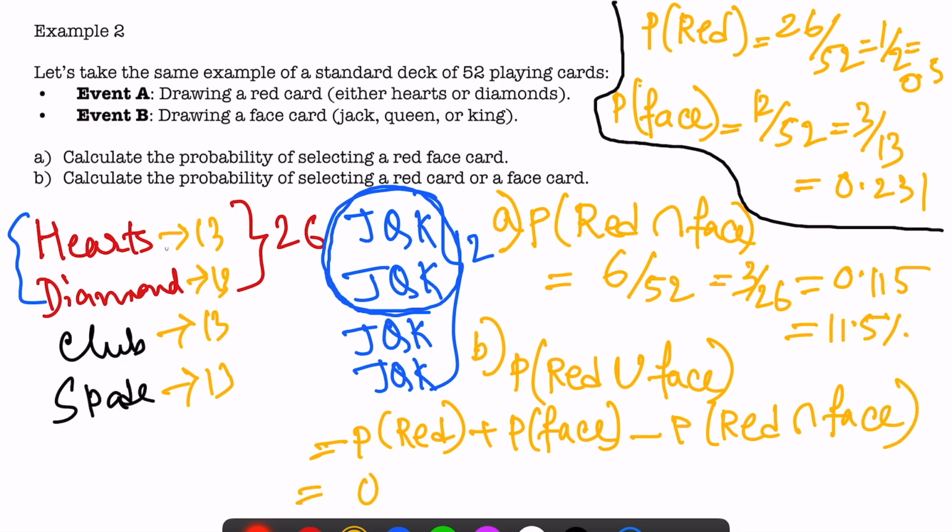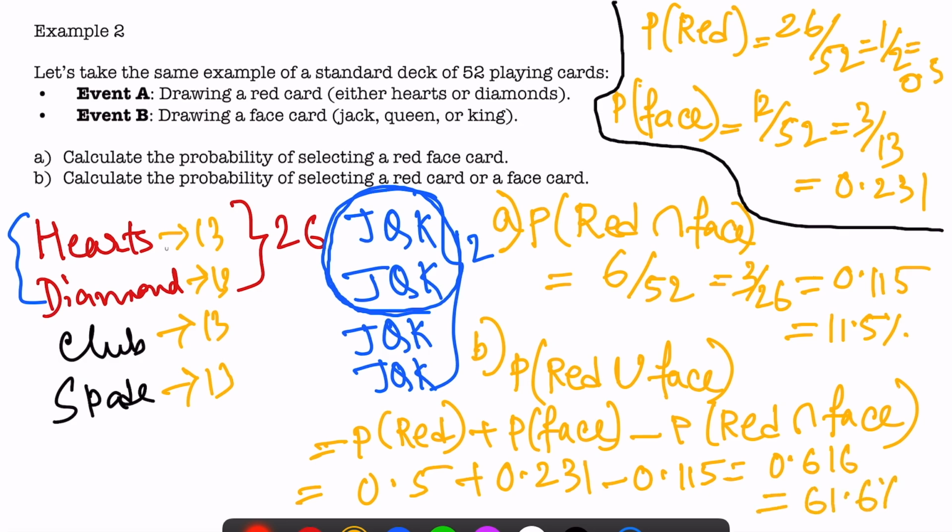So that comes 0.5, because probability of red is 0.5, plus 0.231, because probability of face is 0.231, minus 0.115, because probability of red intersection face is 0.115, and that comes around 0.616, which means 61.6%. So that is the answer of the second part.